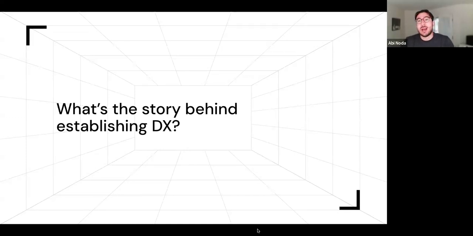And I started DX after spending several years in the same space of measuring developer productivity, building two companies actually in the space previously. Started DX because it became clear that there was another side to the story in terms of the data that organizations needed to address these complex questions. And so whereas the traditional approach to understanding productivity has relied on metrics such as story points and cycle time and pull requests.